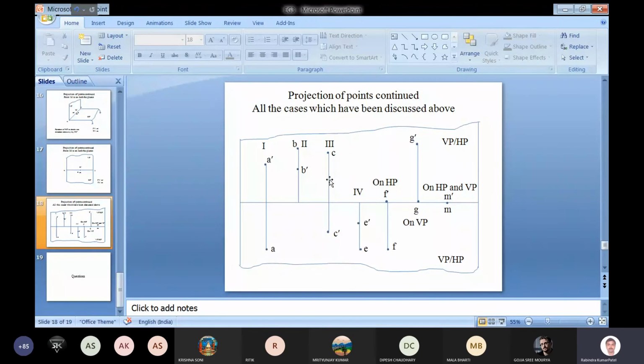Later on you will know why we have only two types of projections, first angle projection or third angle projection, and not second angle or fourth angle projections. The points may overlap each other, and in that case we will not be able to know the actual description of the object.